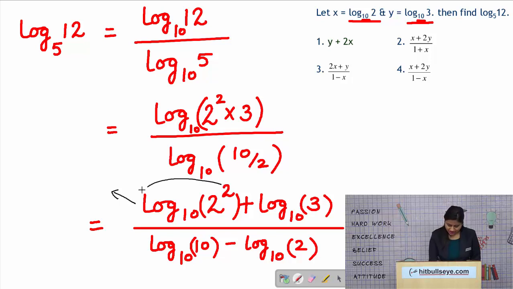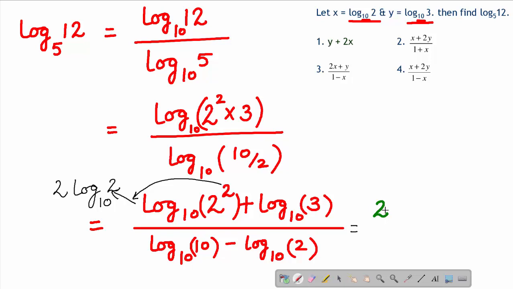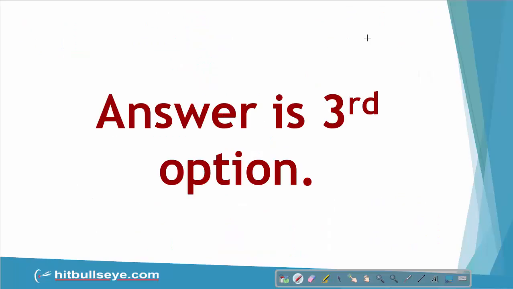So this 2 can come here, which will become 2 log 2 with base 10. So this expression will become 2 log 2 with base 10, which is x, plus log 3 with base 10, this is y, divided by log 10 with base 10, which is 1, we have discussed it, minus log 2 with base 10, which is x. So what will be my answer in this question? It will be this option, 2x plus y divided by 1 minus x, which was the third option.